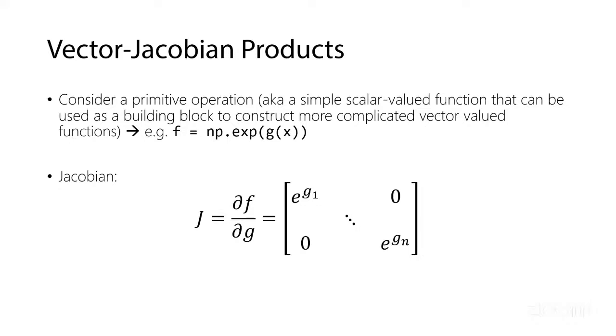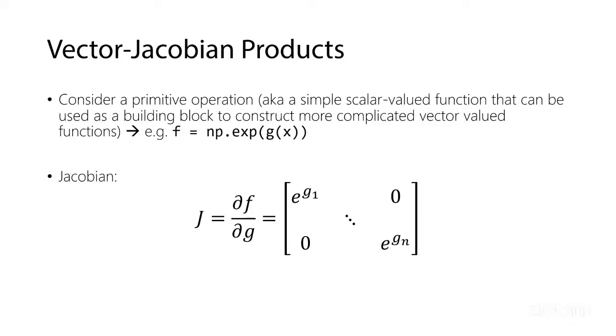So we have, let's say f, which is an exponential. So np is numpy, but you can replace it with PyTorch. Let's say you have some function g of x, which then goes into the exponential function. And then let's say the function f is the composition of the exponential function with g of x.